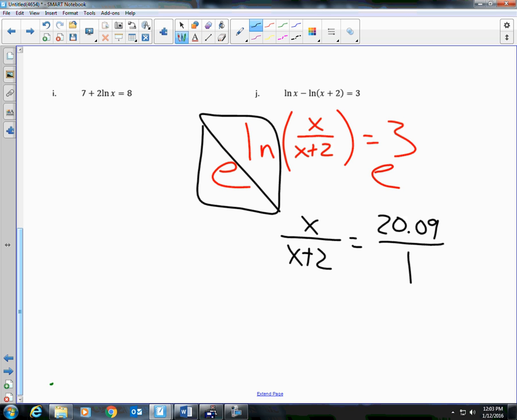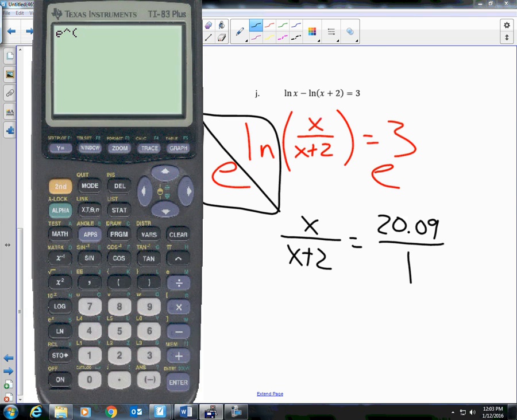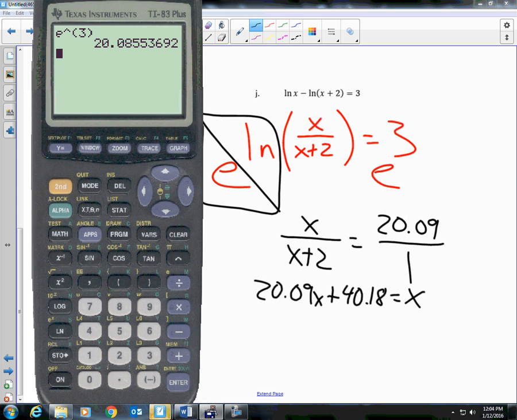I'll multiply across. So 20.09x plus 40.18 is equal to x.